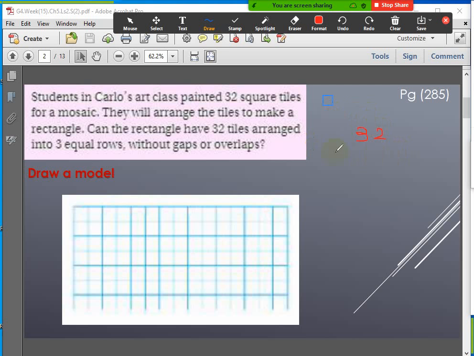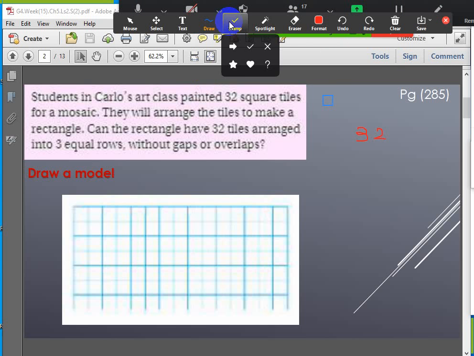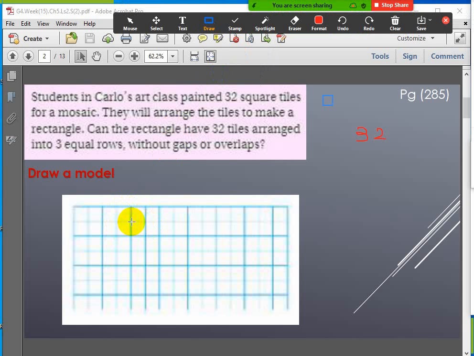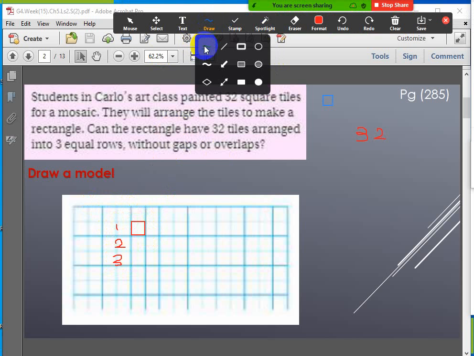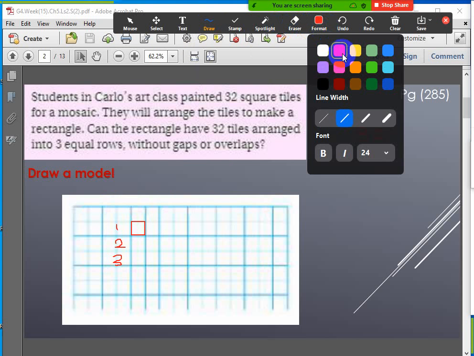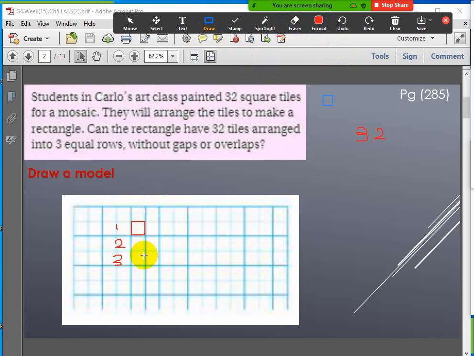Let's arrange the square tiles, girls, by using this grid on three rows. This is the first row, this is the second row, and this is the third row.